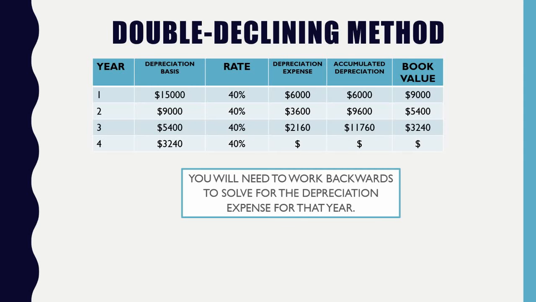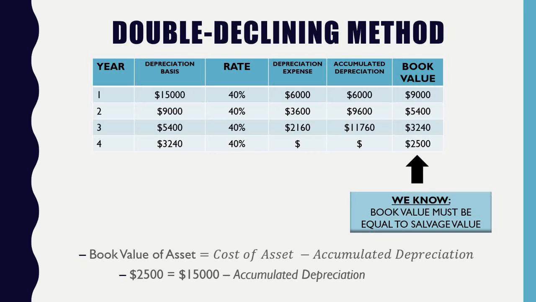So in this case, for a fact, I know that my book value must equal salvage value. So therefore, this must be 2,500. Okay. Now from here, I need to work backwards because here I'm given one key thing, and that is I have my book value, right?